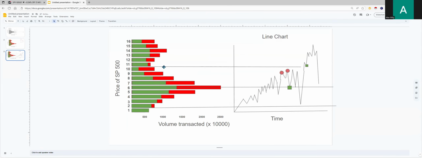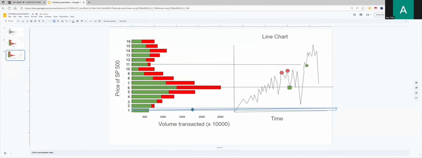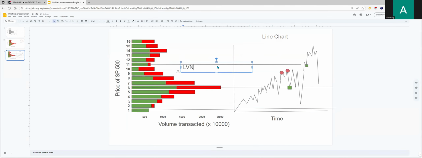All right, so if I were to look at this low volume node right there and this low volume node, what does that end up looking like, right? Because remember, this was where our supply was.